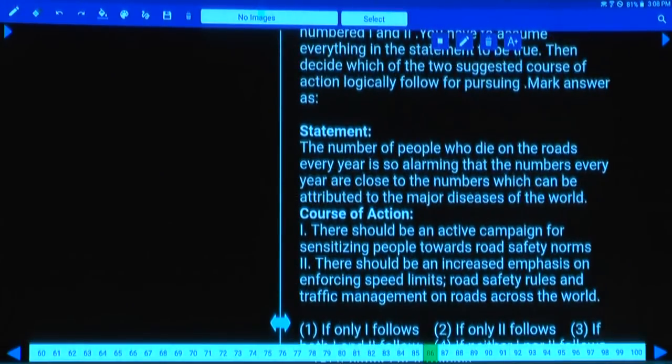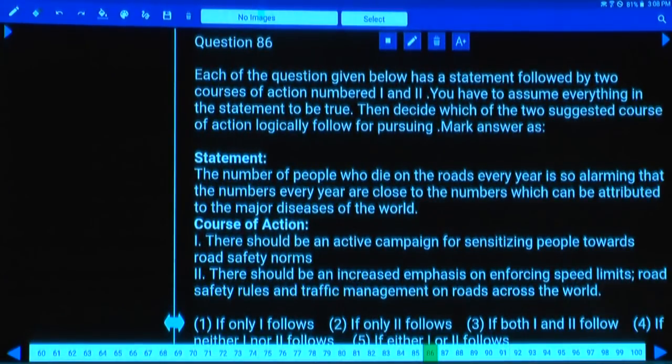Now, in this one, question number 86: the number of people who die on the roads every year is so alarming. That means it's very high. The numbers every year are close to the numbers which can be attributed to the major diseases of the world.